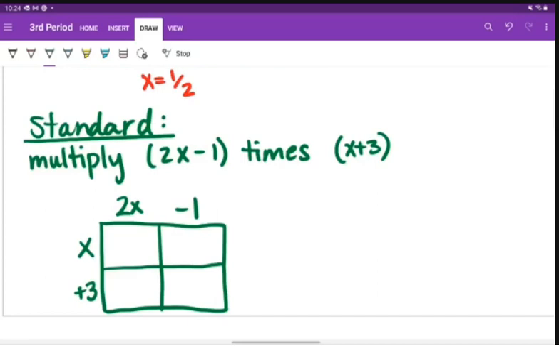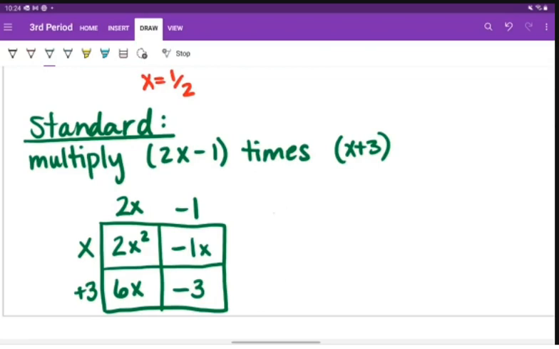In the box on the top left, I end up with 2x squared. On the top right, we end up with negative 1x. On the bottom left, we get positive 6x. And on the bottom right, we get negative 3. Remember, we're multiplying to fill in these boxes.